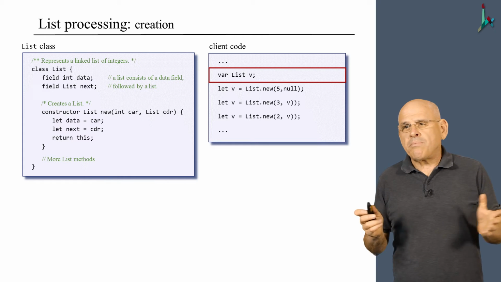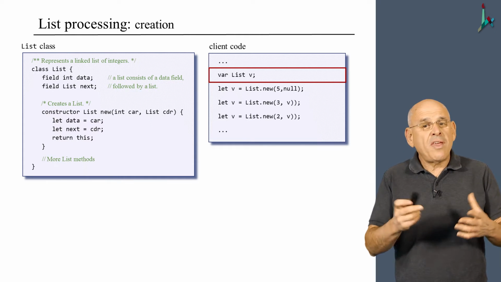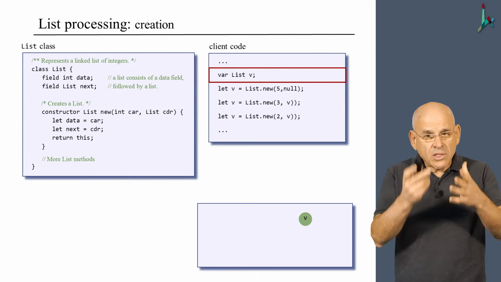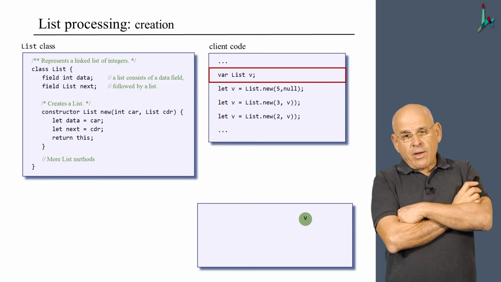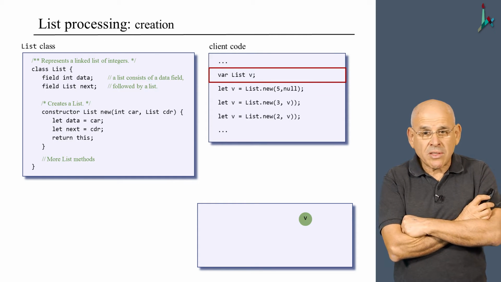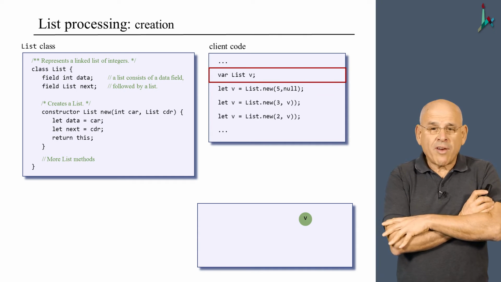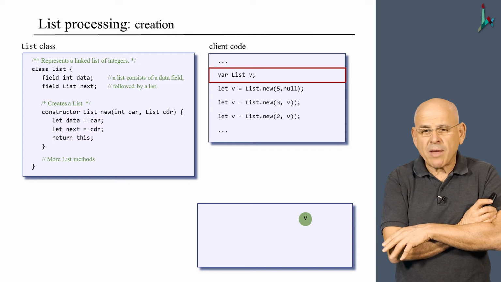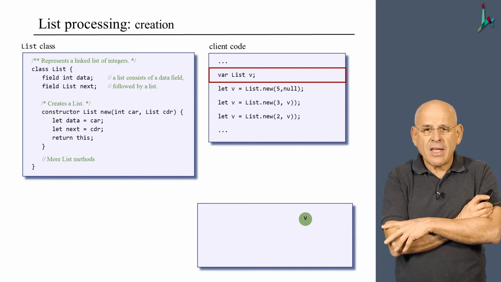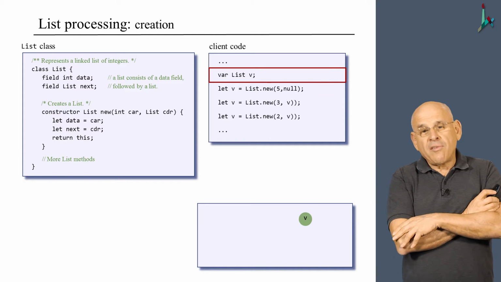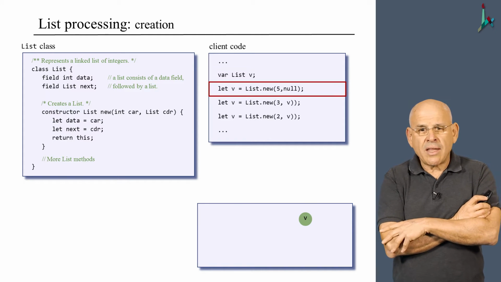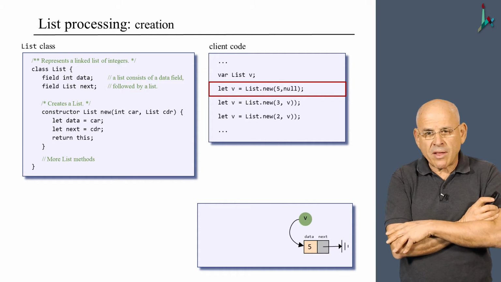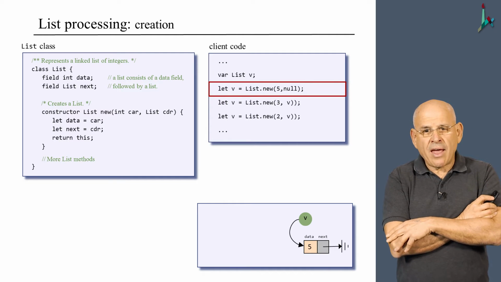So it all starts by creating a v pointer. So, we'll get a variable that contains something. Because you implemented the VM language, you know that it will contain 0, because if this is a local variable, all local variables are initialized to 0. So this variable does not know it yet, but it's going to be a pointer. Right now, it contains the value 0. And then we invoke the list constructor, and the list constructor is going to come back with a block of memory that represents the number 5 and null.